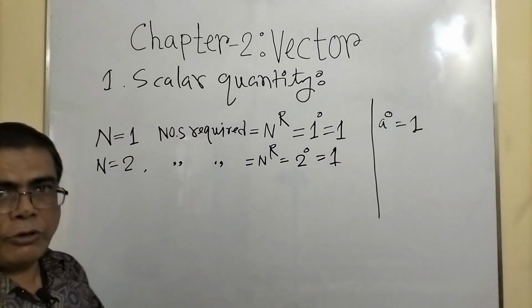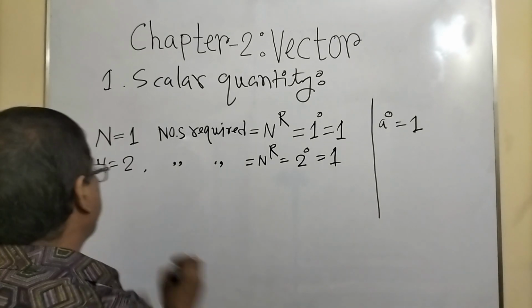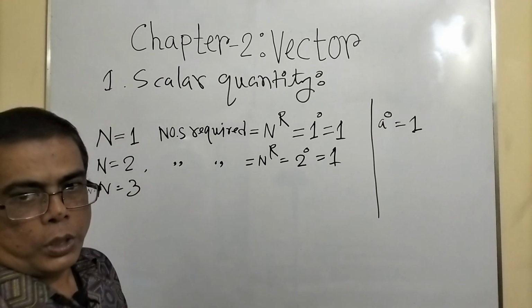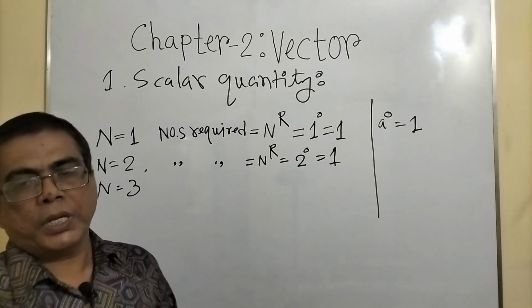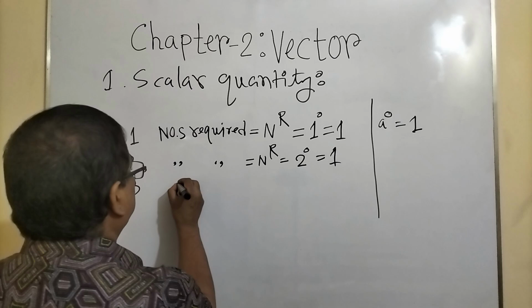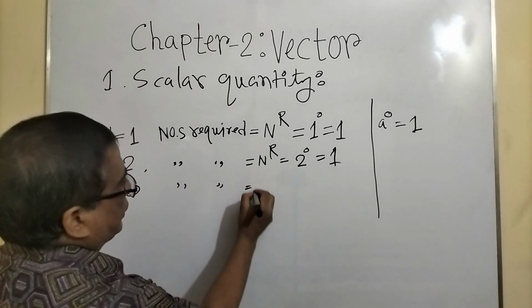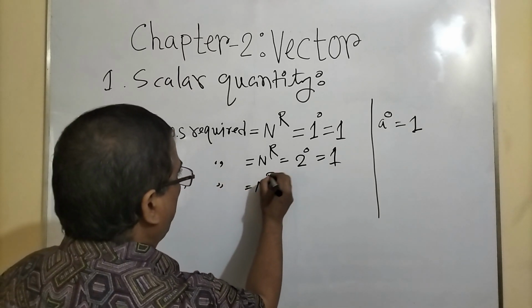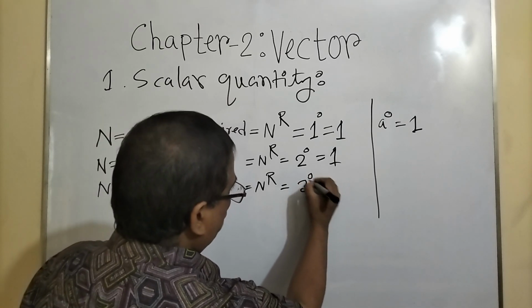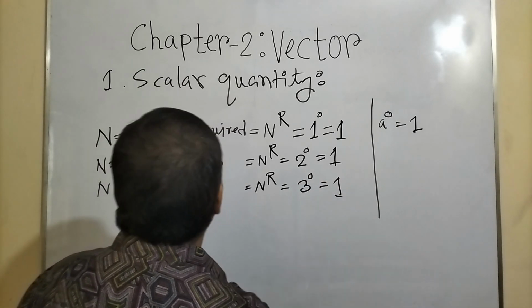When a scalar quantity is in three-dimensional space, n equal to 3. So, the numbers required to represent the scalar quantity equal n to the power r, that is 3 to the power 0 equal to 1.